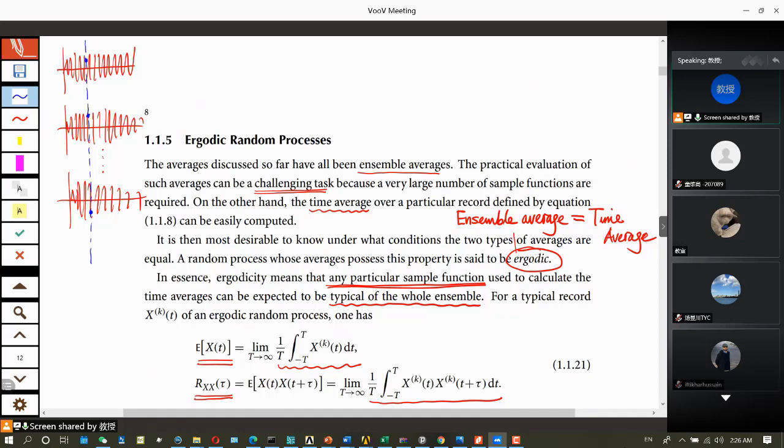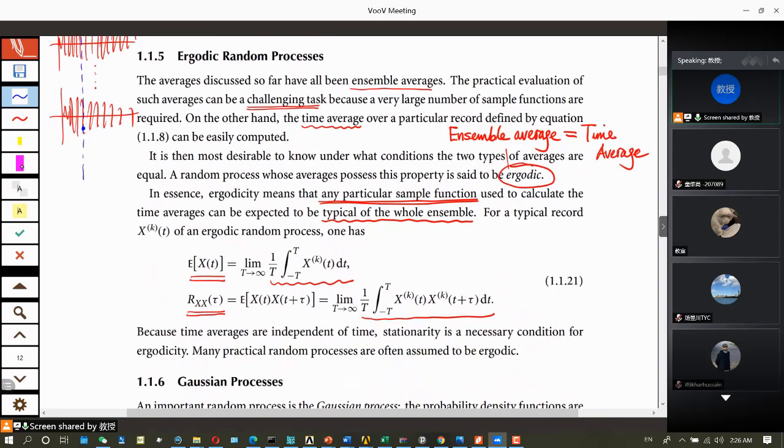And this is typical or similar to what you see for a typical sample. If that's the case, the random process must be stationary.